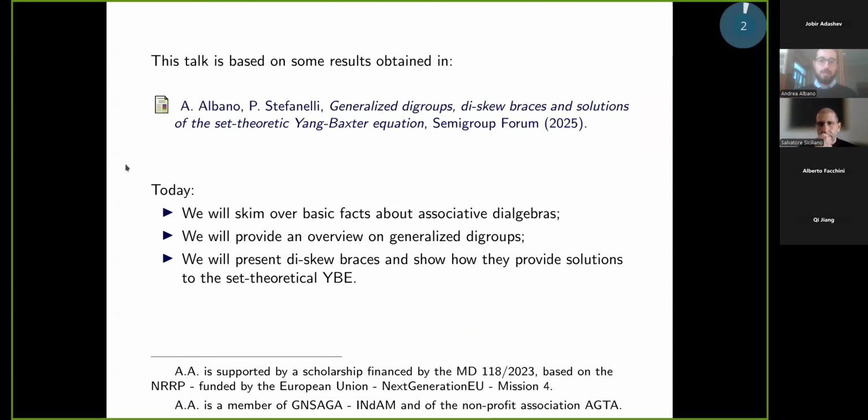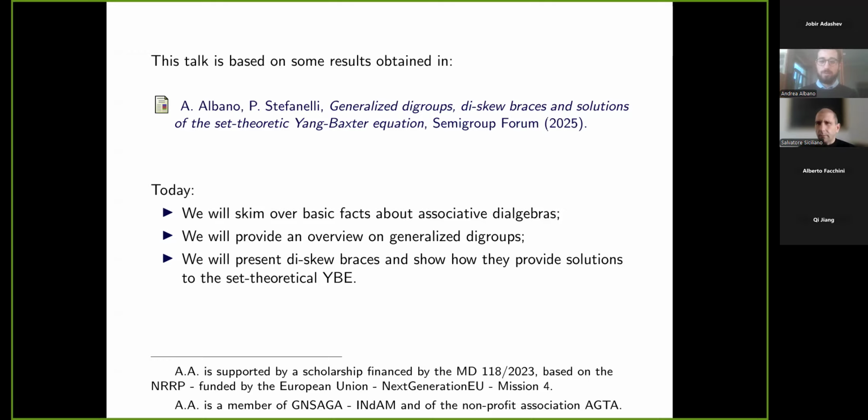So today, the talk will be based on some results obtained in a joint work with my PhD supervisor, Paola Stefanelli, and will be basically divided in three parts. In the first part, I will briefly talk about associative di-algebras.